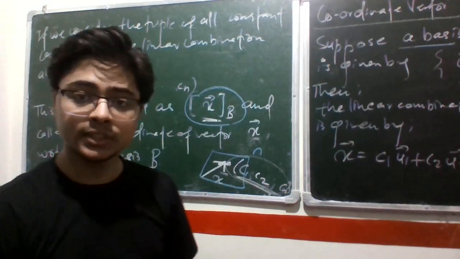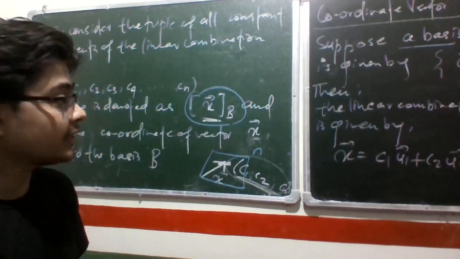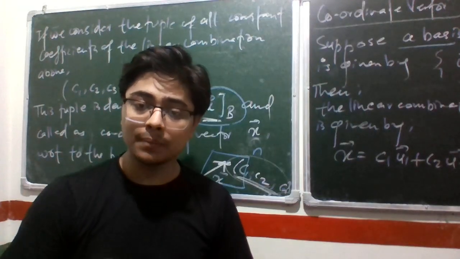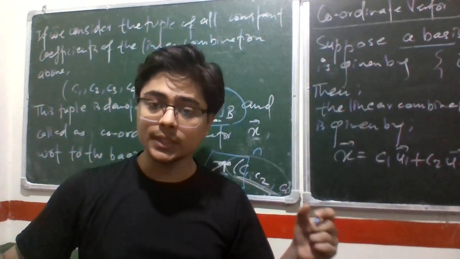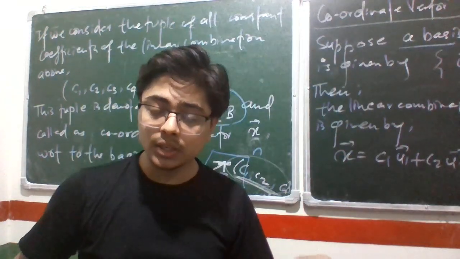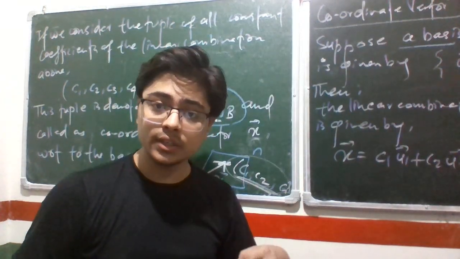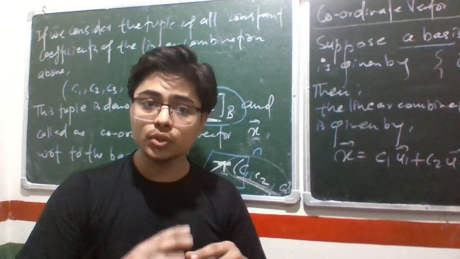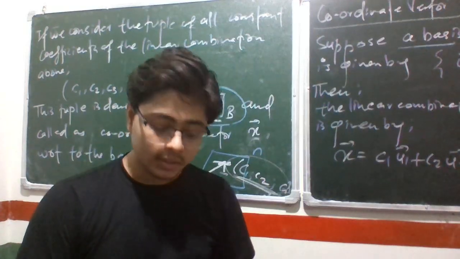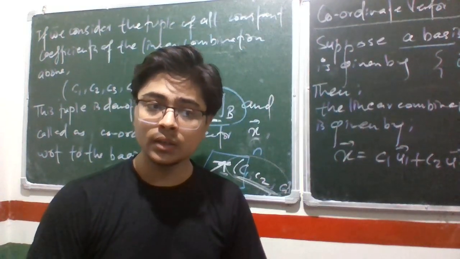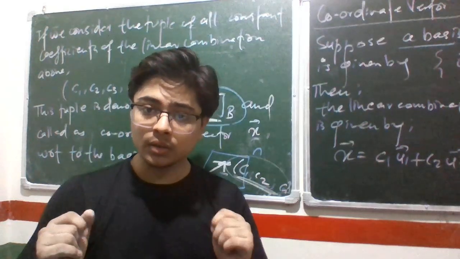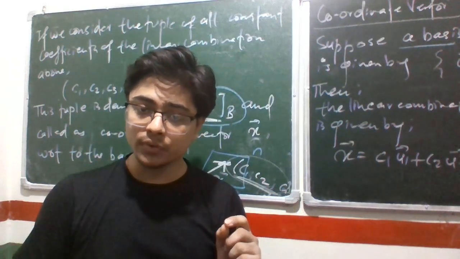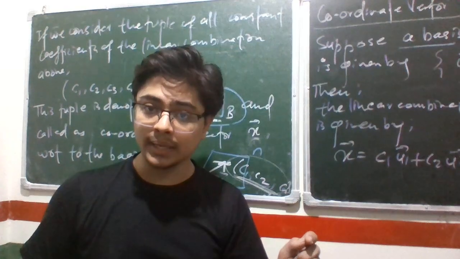So again, let's suppose we have u1 to un number of bases for a vector space V. Then if we consider a linear combination of those vectors to be x, the coordinate vector of x is the tuple containing all the constant coefficients from c1 to cn.